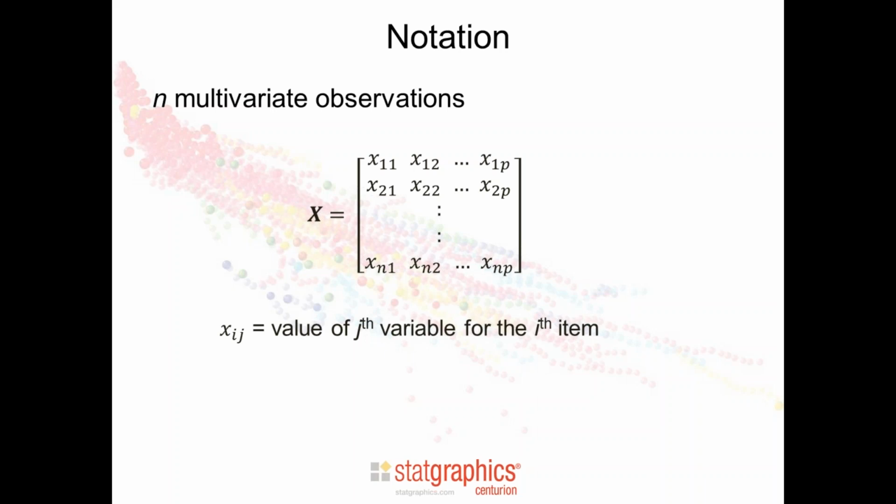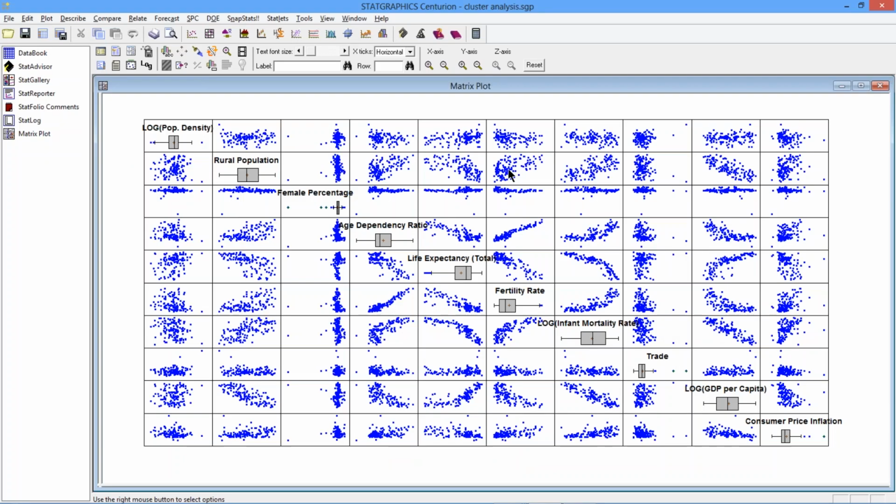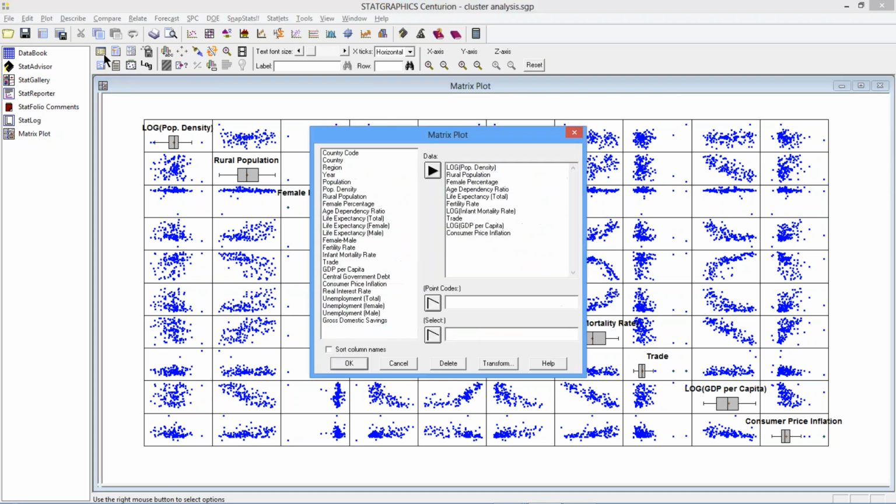Okay, now to do a cluster analysis in Statgraphics, we're going to go to the multivariate section of the program. Before I do that, I'm going to call up the data input dialog box for my matrix plot and do a Control-C to copy the names of those variables.